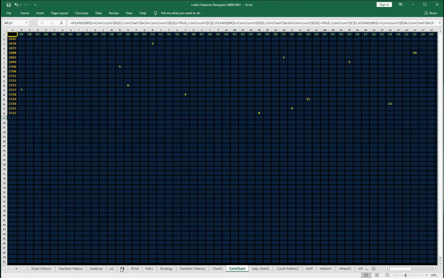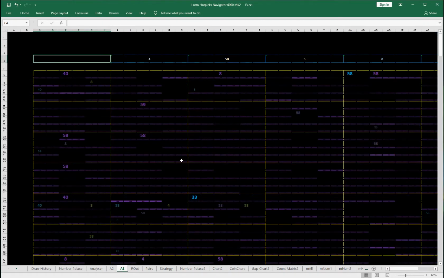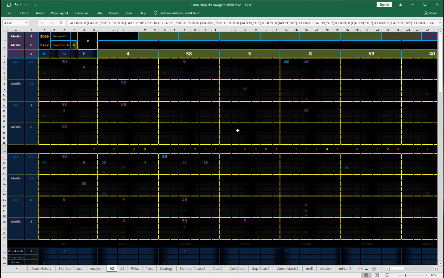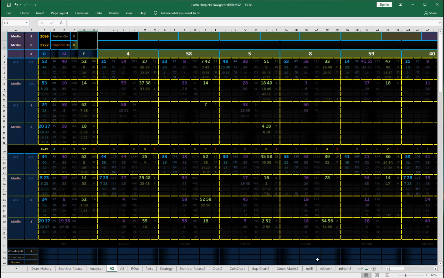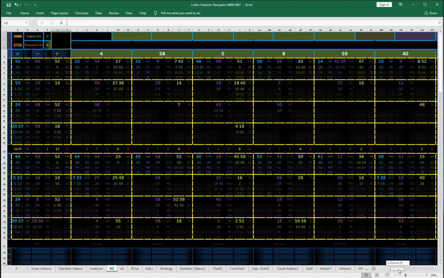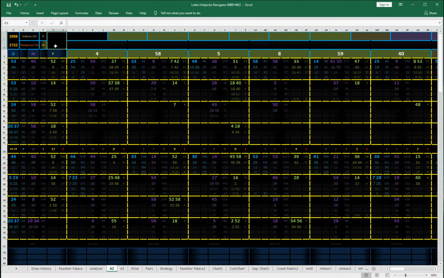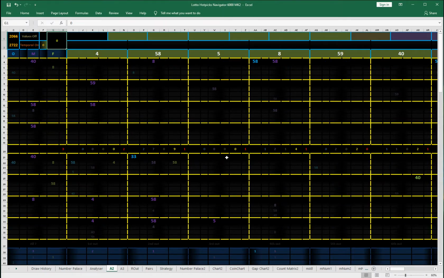Now, this analyzer is a new version of this. So if you look at this one, you can see some of the reasons why I chose these numbers in this order.